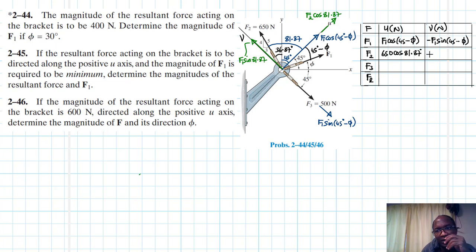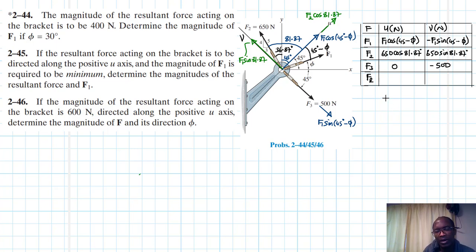The other one is a positive 650 sin 81.87. And F3 is negative along that direction, which is just 500. Along the u-axis it is 0, and along the v-axis it is negative 500.